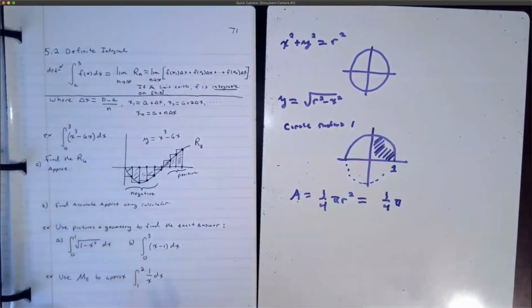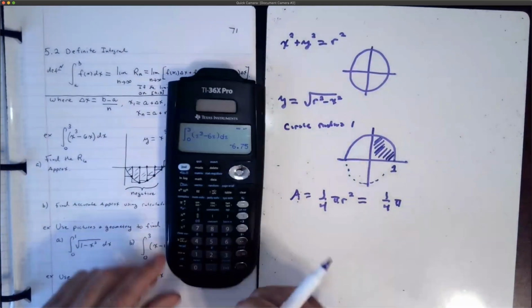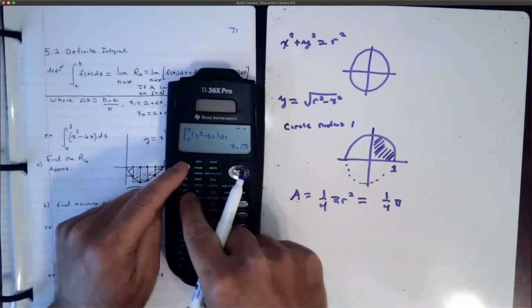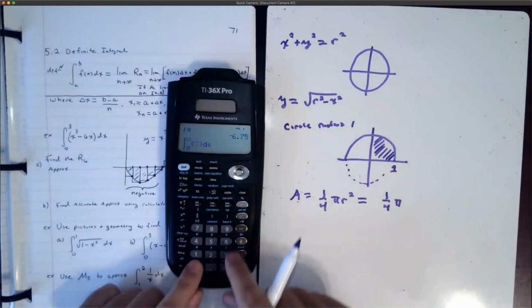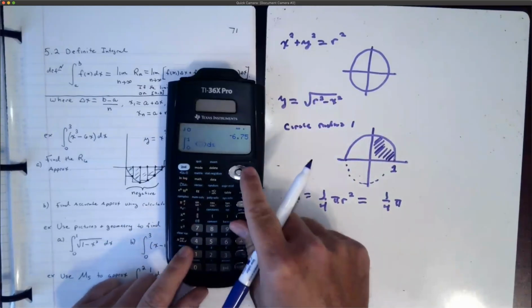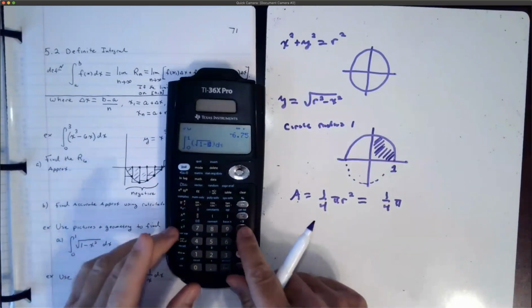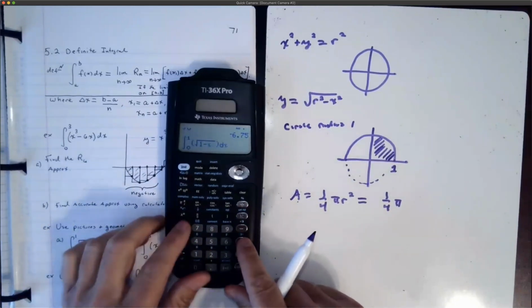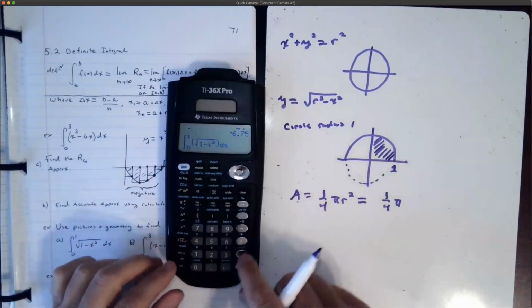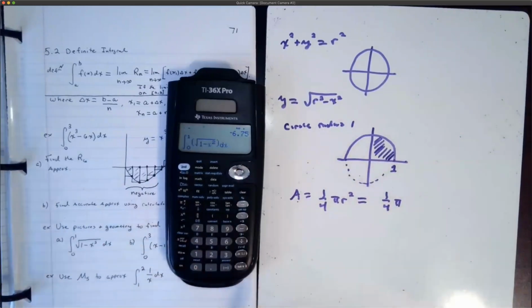And of course, we could check this on our calculator, make sure we didn't make too bad of a mistake. So 0 to 1, square root of 1 minus x squared. Right, it's thinking.